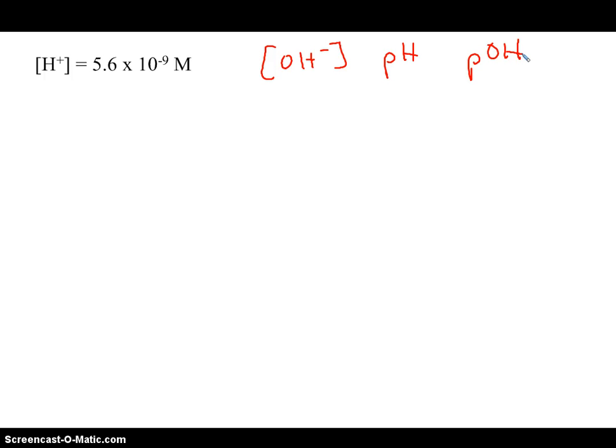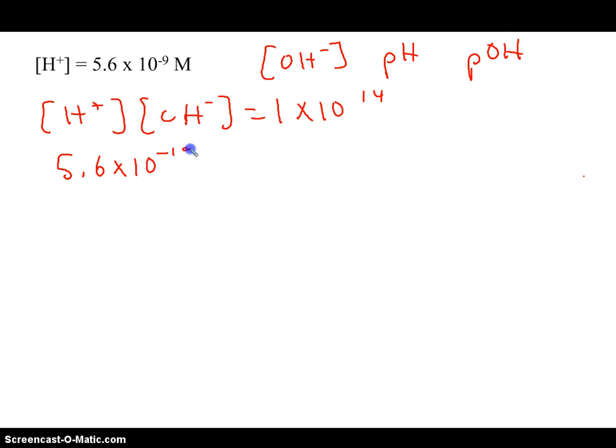If I know the hydrogen ion concentration, I know that H plus times OH minus always equals 1 times 10 to the negative 14th. This is 5.6 times 10 to the negative 9th.